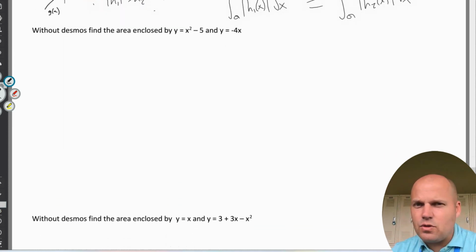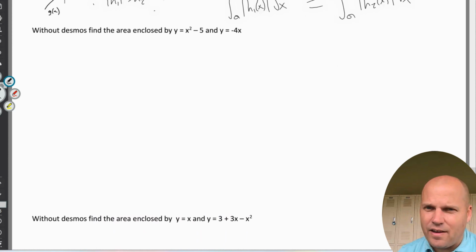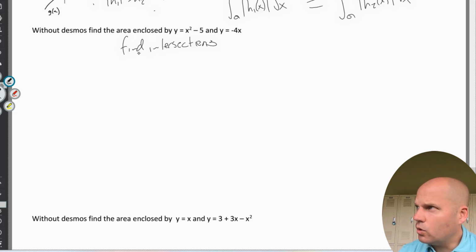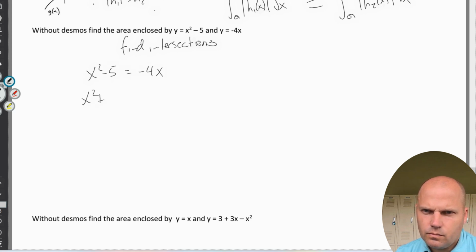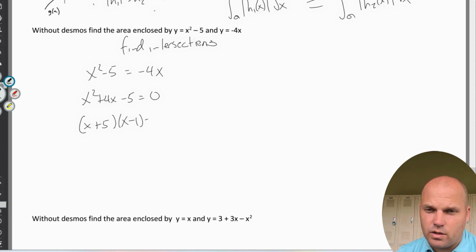What happens if I don't give you the x equals start and the x equals end? You need to find the intersections. Well, I'm going to take the two equations and set them equal to each other. I get x plus 5, x minus 1.